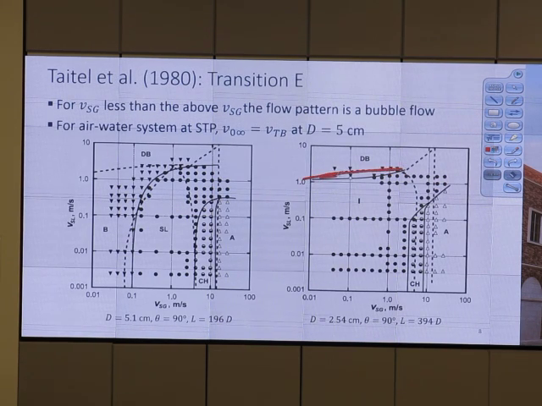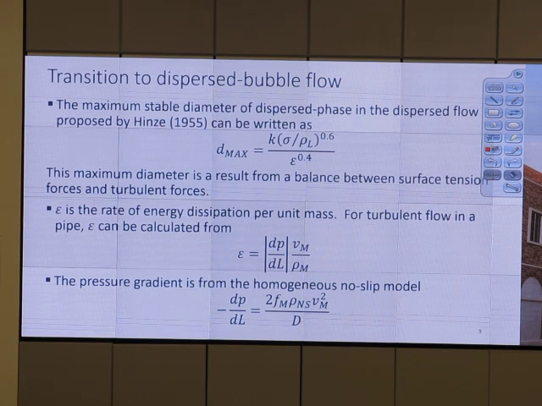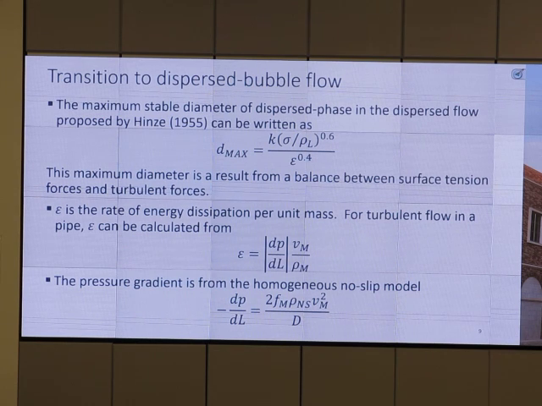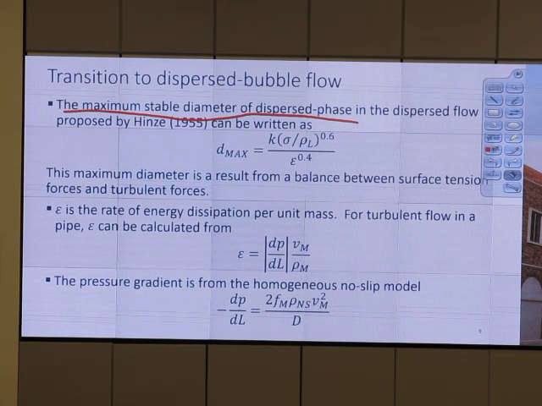This line, this transition, is the transition to dispersed bubble flow. For this transition, step 1, we quantify the maximum stable diameter of the dispersed phase. If it is larger than this, it is not stable. So we have a formula from 1955.